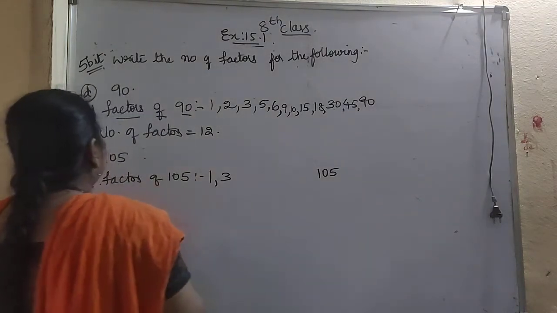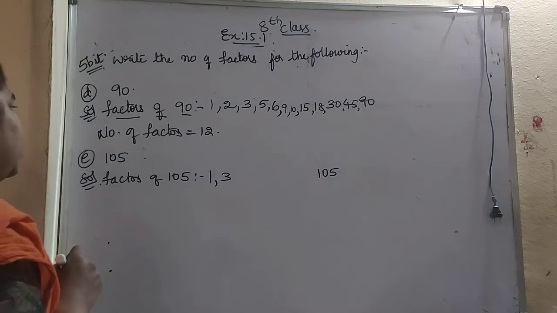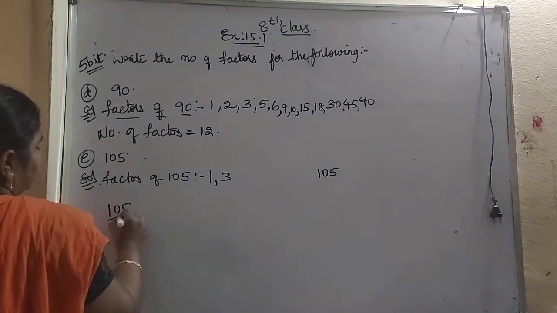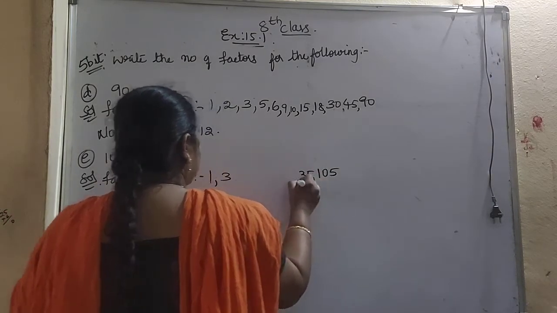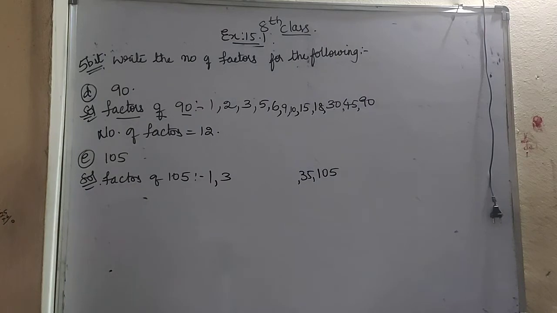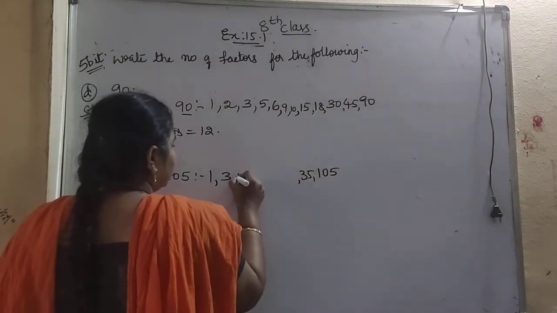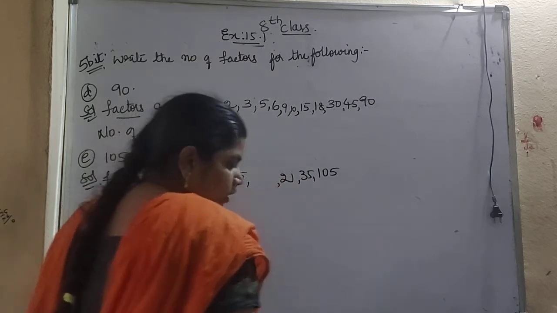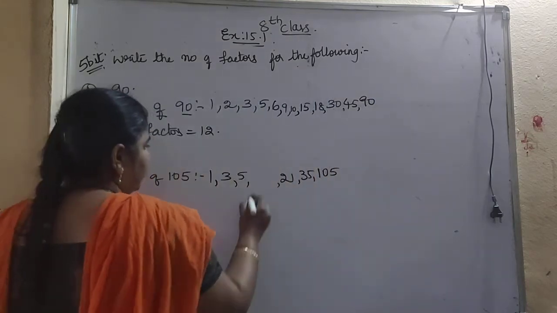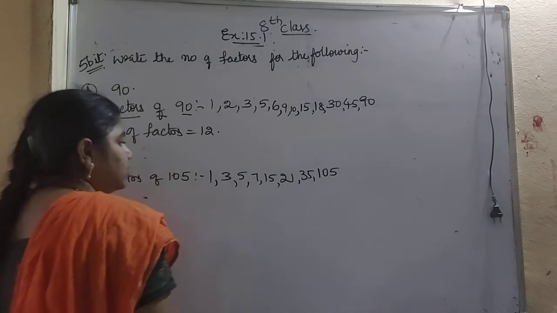So 3, 35 times is 105. Next, it will go in 5 table. 5, 21 times is 105. After that with 7 table, 7, 15 times is 105.